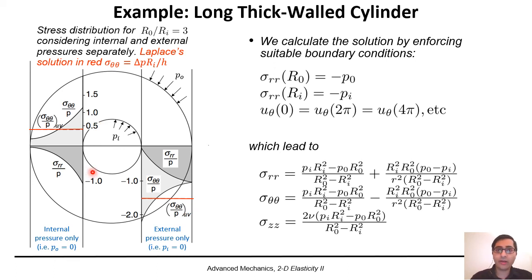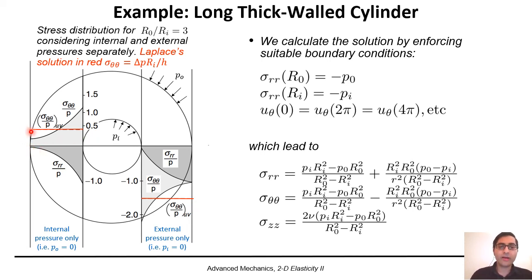Obviously, I'm talking about maximum absolute value. So basically, depending on the definition of the cylindrical axis, sigma RR tends to become minus, sigma theta theta tends to become positive. So sigma RR divided by P has a negative relation, but sigma theta theta has a positive relation. But let's focus only on the absolute value.